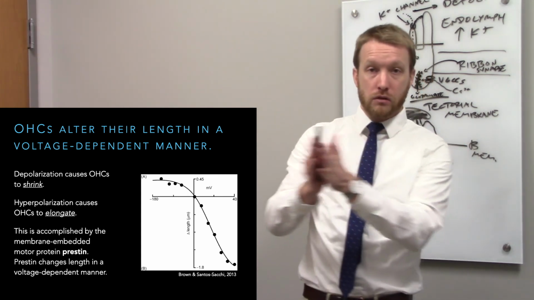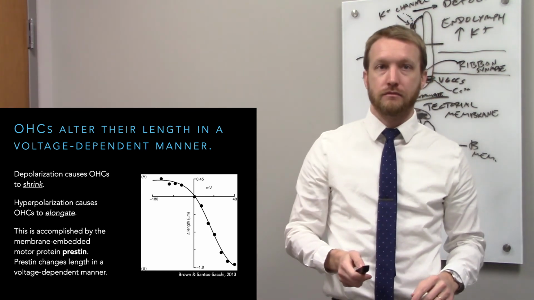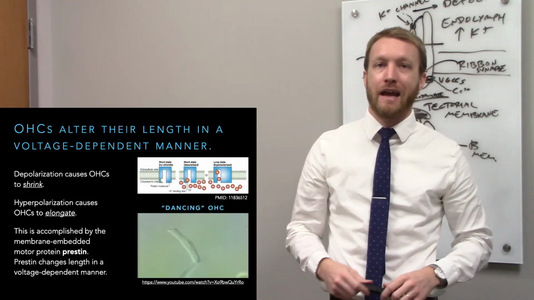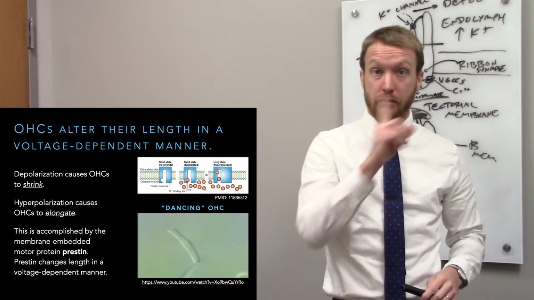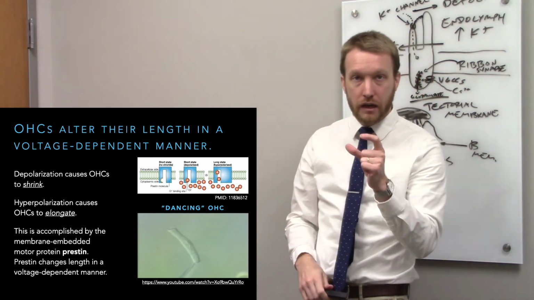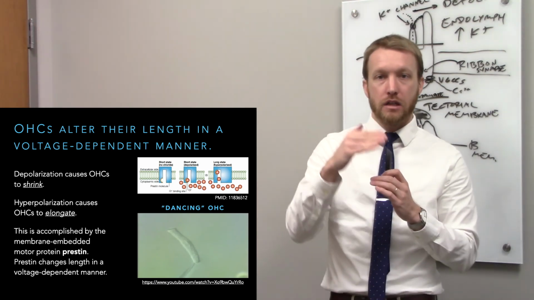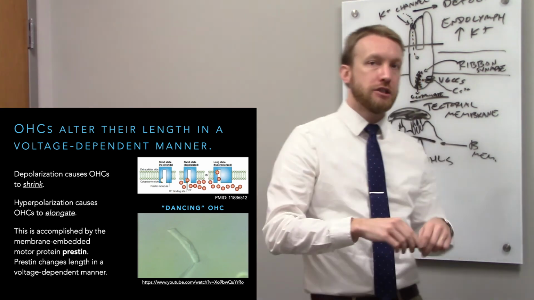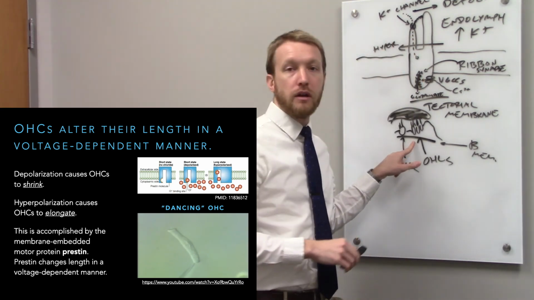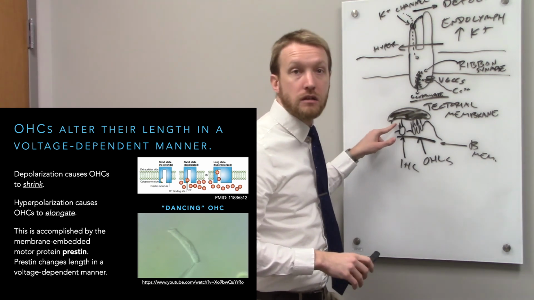When they depolarize the outer hair cell, its length decreases. And here you can actually see it in action. So they have a hair cell on the tip of a pipette, and they're just changing membrane potential. And you'll notice that little hair cell there is kind of dancing. It's lengthening and shortening. And those subtle changes help amplify movement of the basilar membrane, and thus create larger potentials here in the inner hair cells.